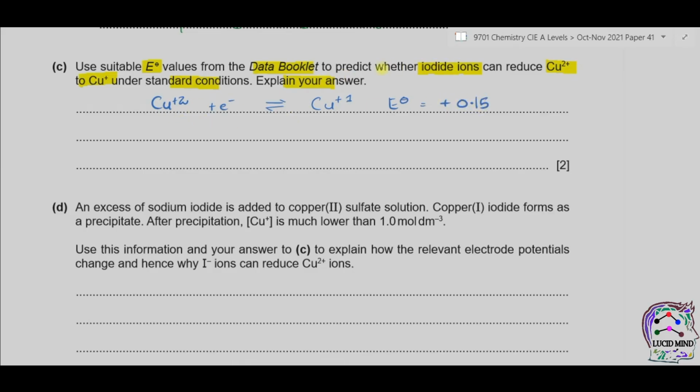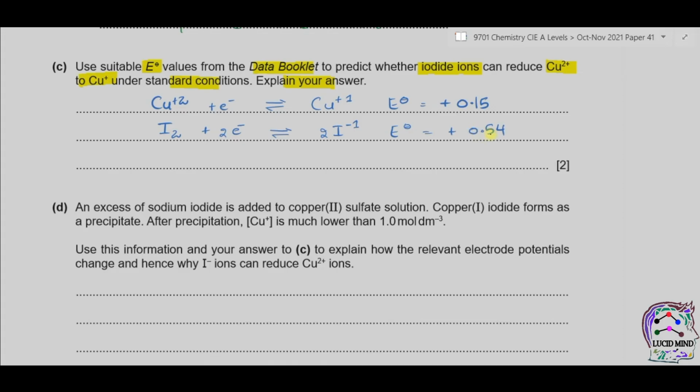Similarly, the value of reduction potential of iodine into iodide is plus 0.54.